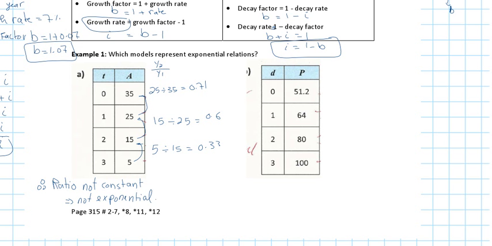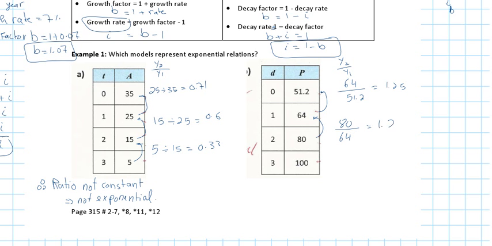Okay, in the second example, if I do 64 divided by 51.2, I'm going to get 1.25. 80 divided by 64, that's going to be 1.25.